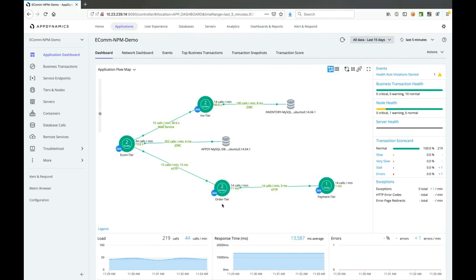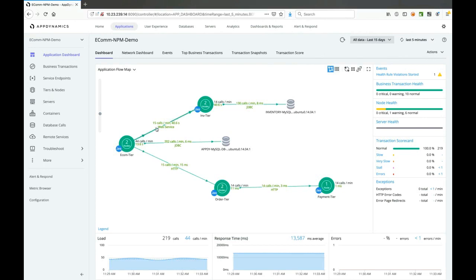It has the order tier providing the order service, and it has a payment tier to pay the actual order. So Chandra, if you look at this diagram, the lines between these different tiers could basically explain the application flow map, right? So if a user logs in and wants to look at inventory, the flow would be from e-com to inventory to the database, which is hosting the inventory, and for payment, it's the other way around.